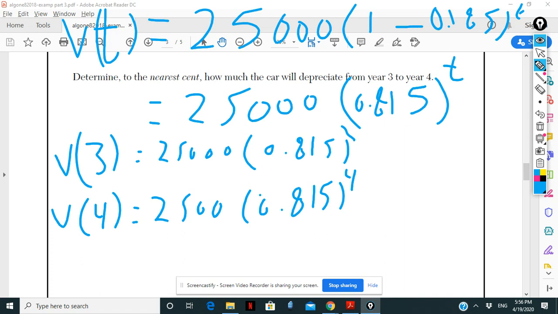So now I'm going to use a calculator. So 0.815 to the power 3.